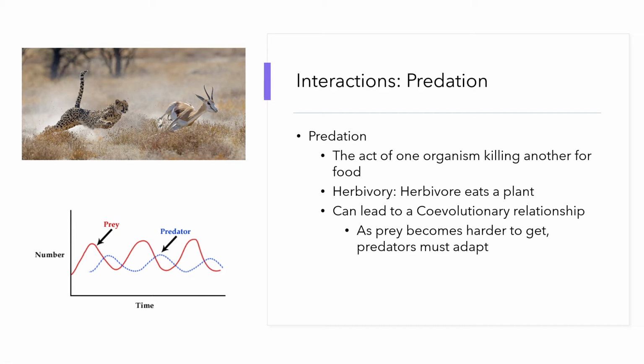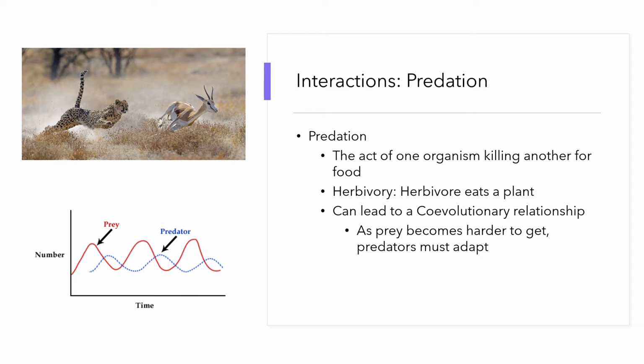This co-evolutionary relationship, and evolution is, again, just the change over time, allows animals or other species to develop different mechanisms that make it harder for them to die. As prey become harder to get, whether they run faster or develop different ways to disguise themselves, the predators have to adapt to that.